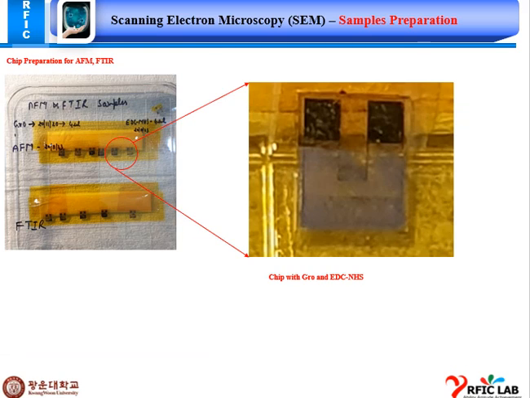And this Friday I prepared some more samples for the AFM and FTIR. For the AFM and FTIR, this is the chip with graphene oxide and EDC NHS.